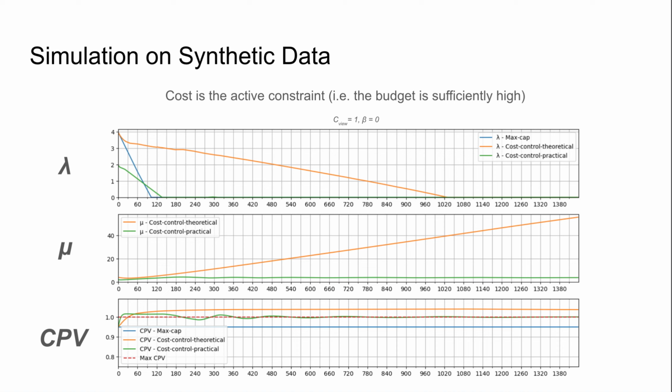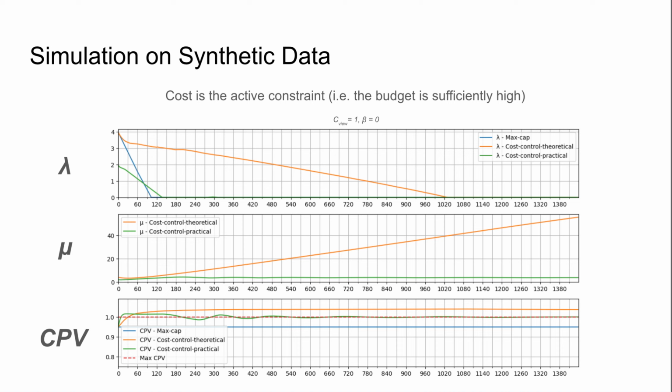The CPV for max cap is slightly below 1 since this is a second price auction. The CPV for cost control theoretical is higher than C view and is never corrected. The CPV for the proposed algorithm saturates at C view and oscillates around that value. This shows that at least in the simulation, the proposed change can achieve an effective cost control.